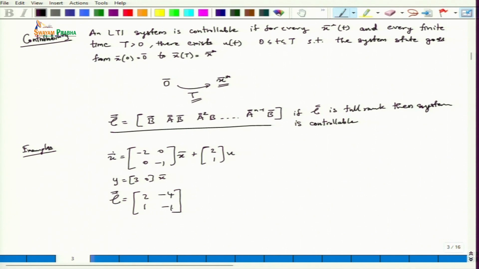We'll consider only these two parts, B and AB, because n minus 1 is equal to 1 in this case. So we'll just have 2 columns. This controllability matrix is full rank, so it's controllable.